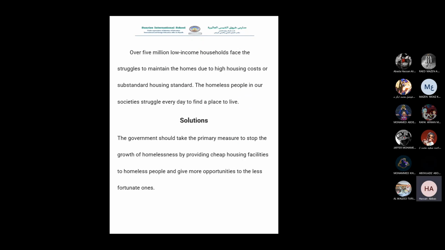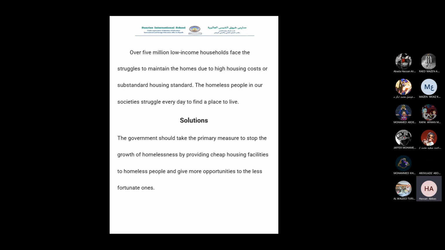All of that is because of the high rents, because of the costs to build a house or to buy new land. This costs you a lot of money, and you don't have the perfect job and the opportunity to get this money. So all of that makes you homeless.